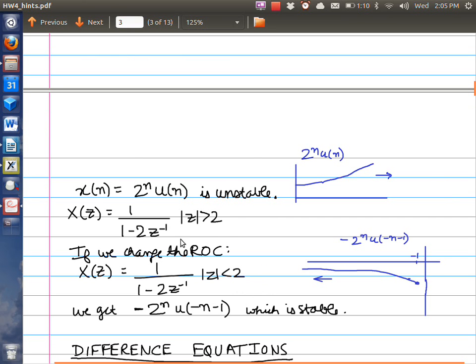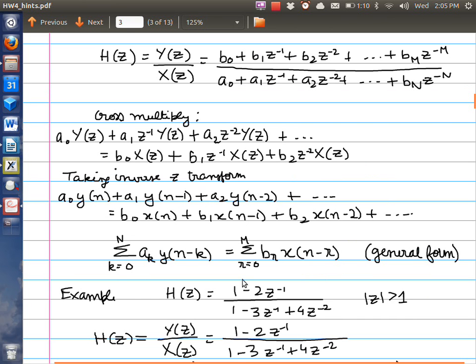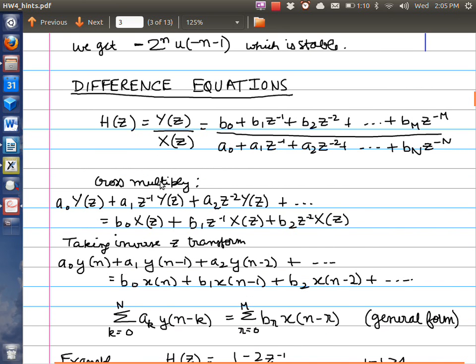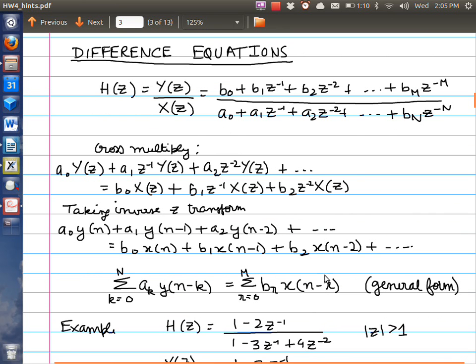And then again, the problem about changing an unstable term to a stable term. Then difference equations, make sure you understand this general form of the difference equation. After cross multiplication, can you identify a0, a1, a2 by looking at your equation? So the coefficient of y of n, that's going to be a0. The coefficient of y of n minus 1, that's going to be a1. The coefficient of y of n minus 2, that's going to be a2, and so on.